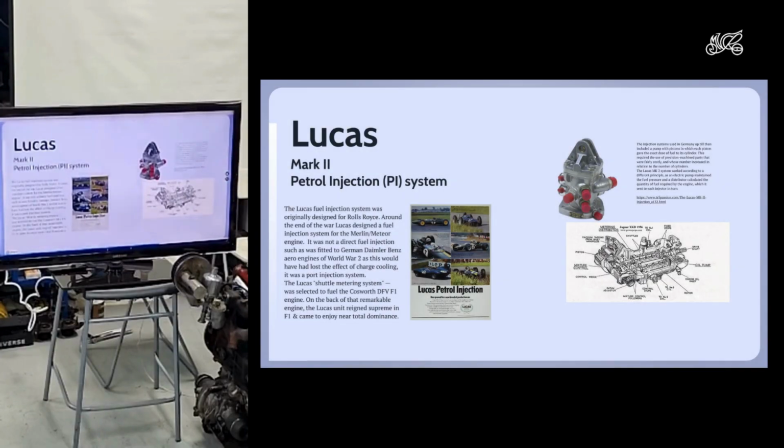This thing is actually a distributor. So this distributor is able to adjust the amount of fuel depending on manifold pressure and engine speed, but the fuel pressure itself is generated by a high pressure pump. So there's no pressure buildup in this pump. It's just distributing and adjusting the pulse width of the fuel injection.